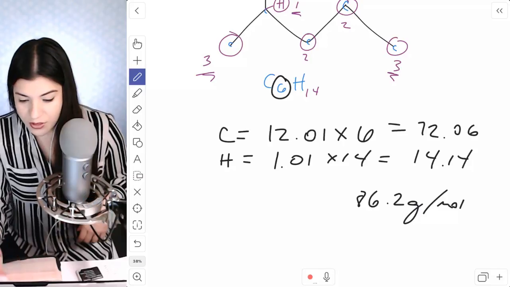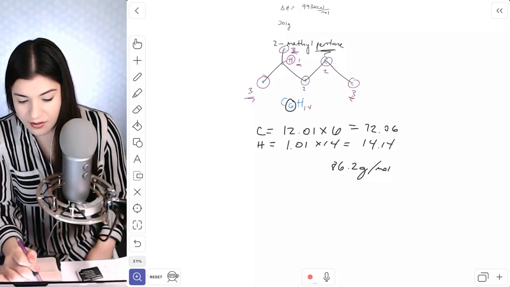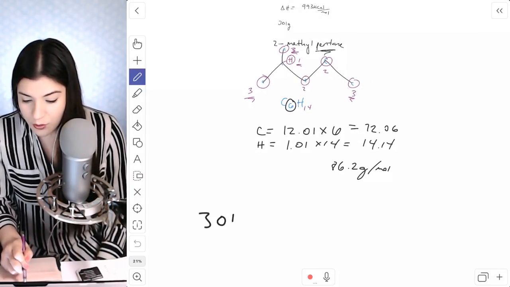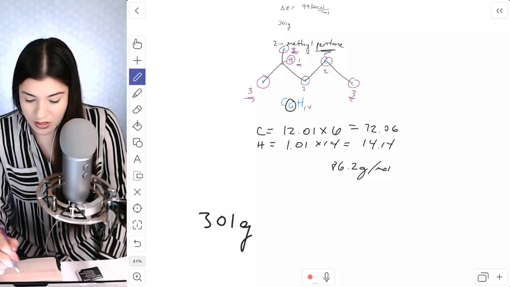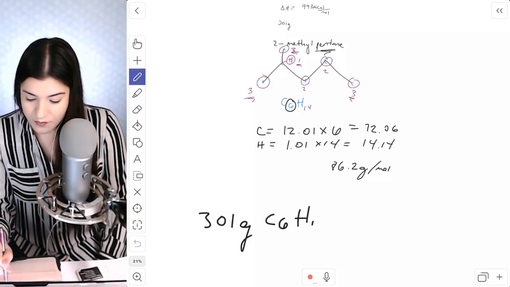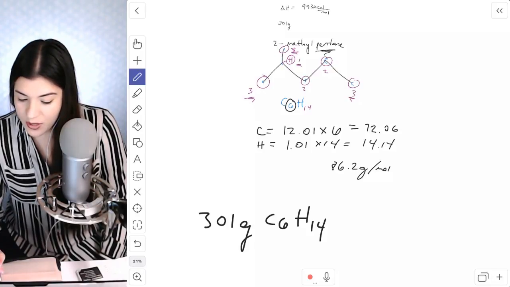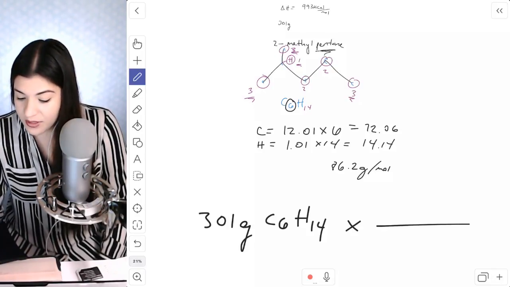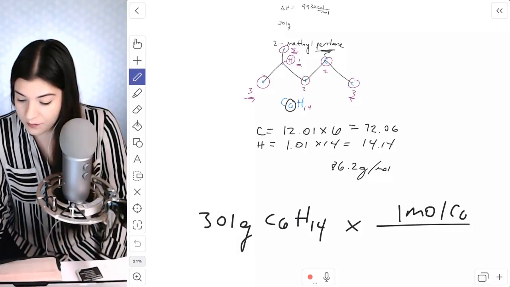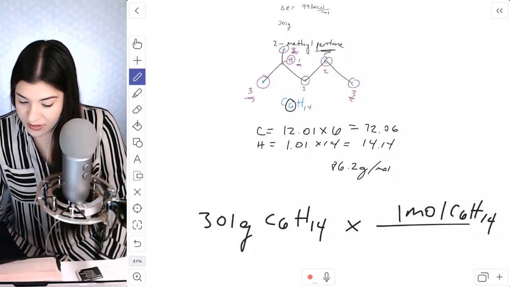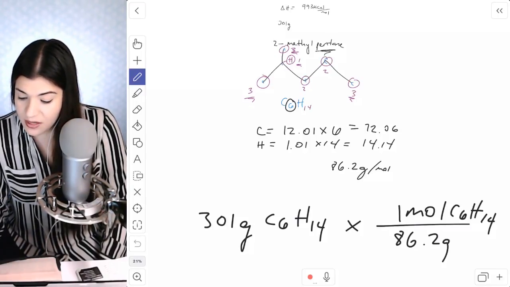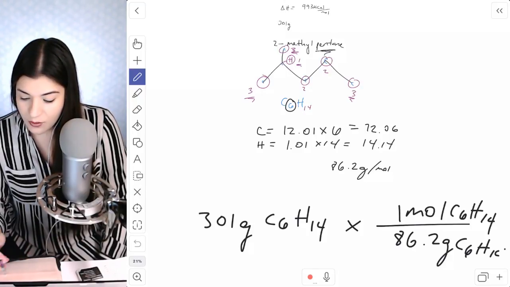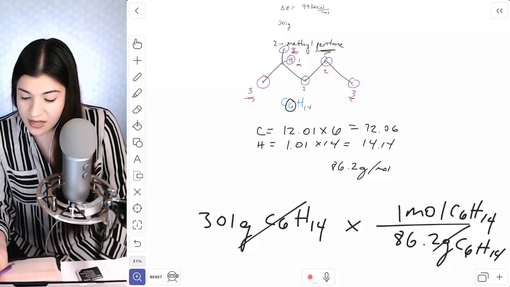So now what I want to do is bring back that 301 grams of the same exact compound here. Then I'm going to multiply this by the molar mass, leaving 1 mole on top, and on the bottom would have been that 86.2 grams. And that's going to cancel out the grams and the grams.